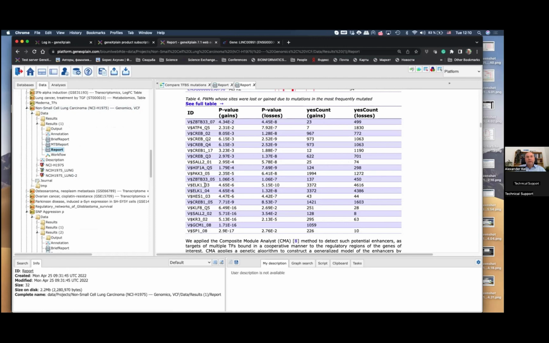And you see here, for instance, there are much more significant values, like 10 minus 10, 10 minus 16, which tells you with more statistical power that indeed these motifs are statistically significantly affected by a number of changes in the genome. And the reason is that, in case of cancer, that may be a result of a selection, which selects the whole genome for a particular presence or absence of a number of motifs.